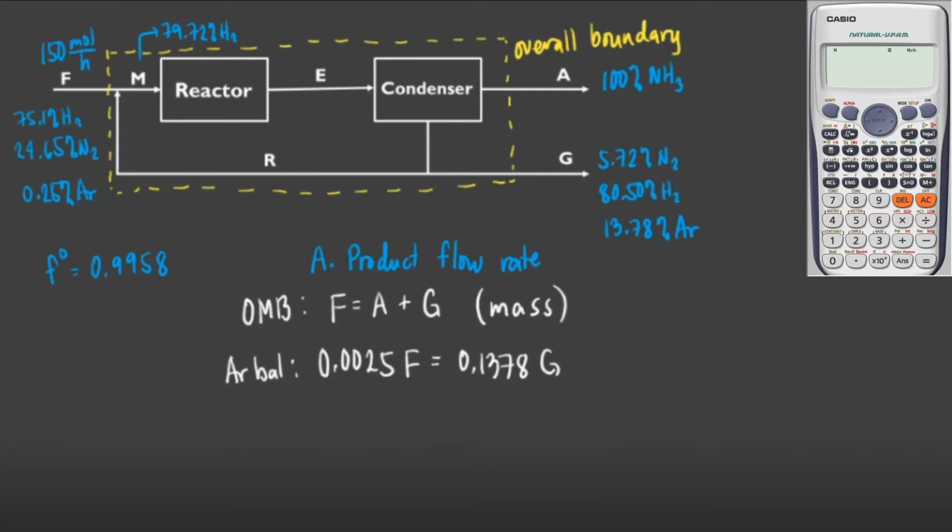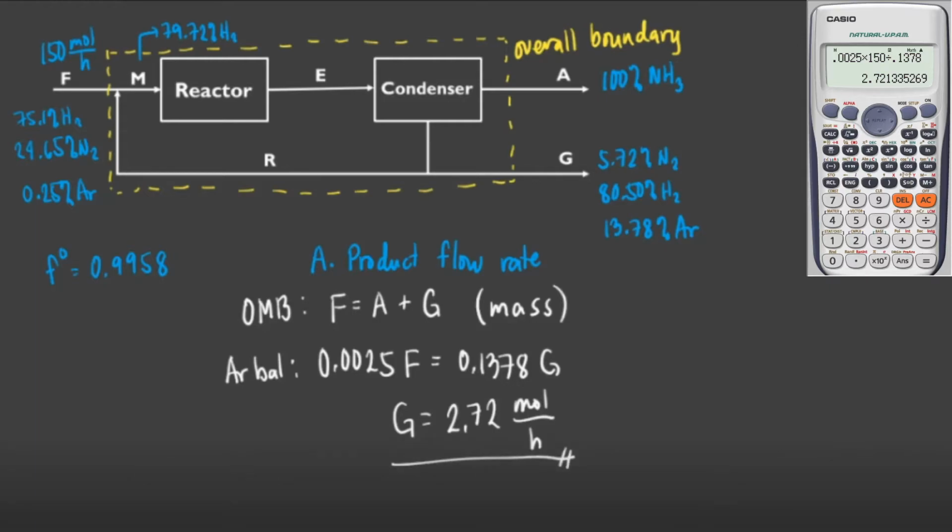We are not violating any rules here again because argon is not reacting in this process. Since the flow rate of the feed is given in this case, we can directly solve for the flow rate of the purge stream G. That is simply 0.0025 multiplied by 150 moles per hour divided by 0.1378. Our purge stream has a flow rate of 2.72 moles per hour.